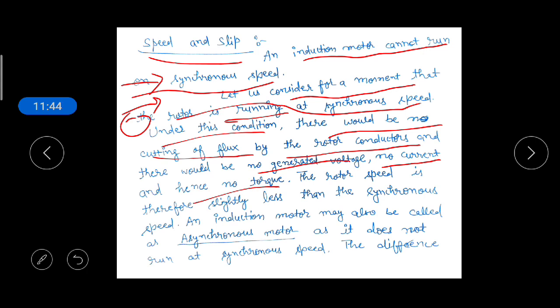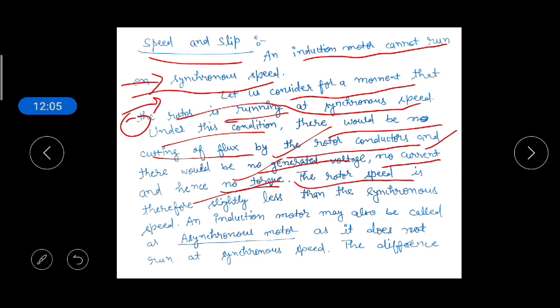So if they run at the same synchronous speed, there will be no generated voltage, no current, and no torque, which eventually means that the rotor will not rotate.